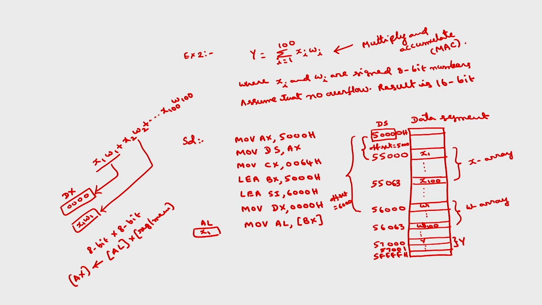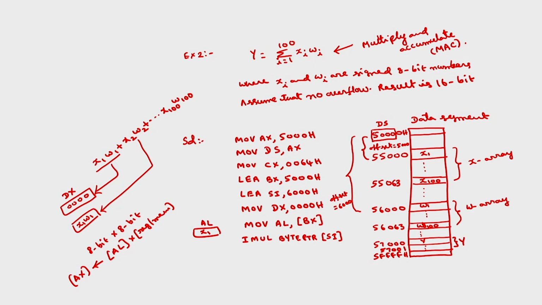So here I am going to use IMUL byte PTR, contents of SI. What will be the operation in this particular instruction? This will multiply AL with a memory location.